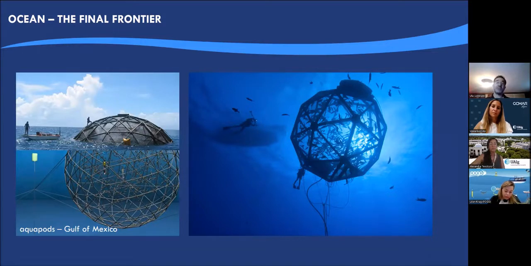Obviously, this comes with some legal fights, but I'm sure that with time, this will be seen as a very sustainable and low impact way to produce fish offshore, particularly because the impacts on the water and on the sediment are practically negligible, and the fish are basically feeding on what's in the water, so there's not much need to feed them manually, because they are feeding from what the ocean is giving them in many cases.